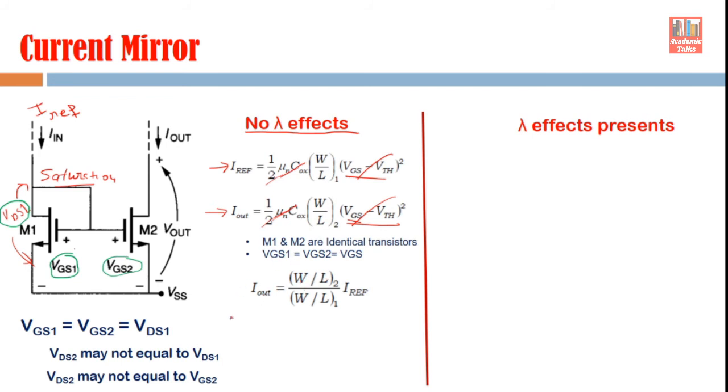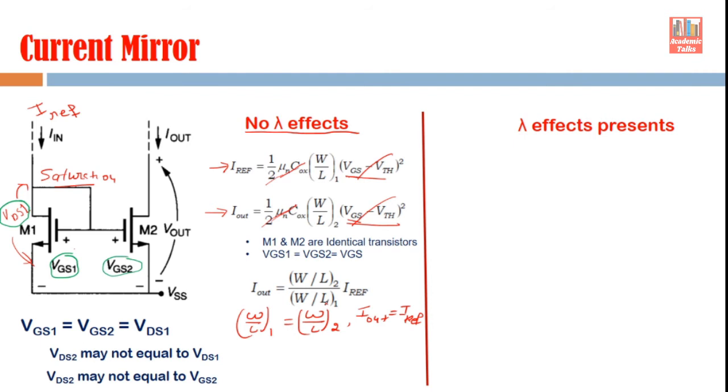Now suppose you make W by L of one equal to W by L of the second transistor. In that case, I out will be equal to I reference. So whatever is your input current, output current will be equal to that. But for that you have to ensure that the W by L ratio of both transistors is the same.